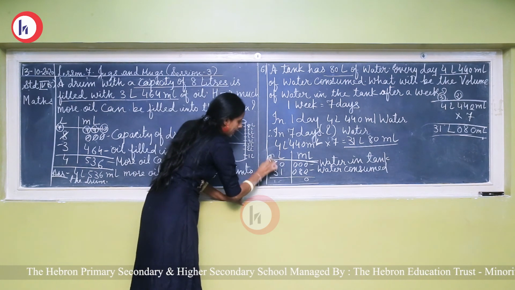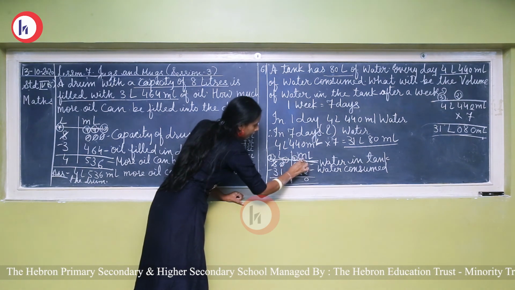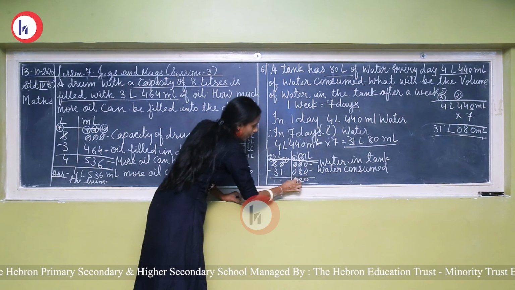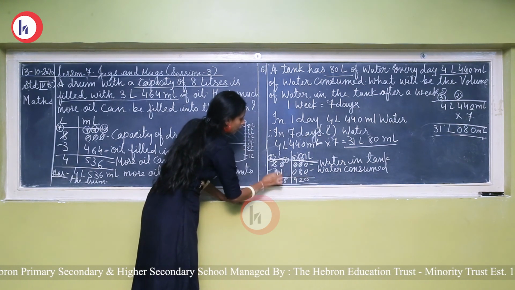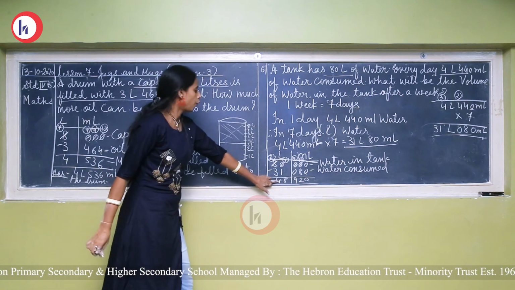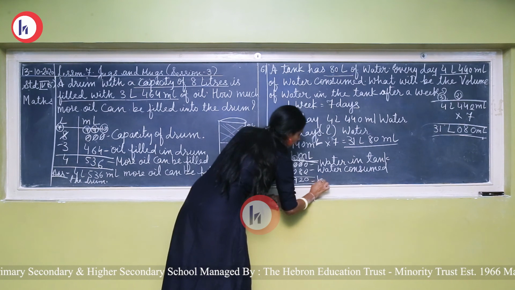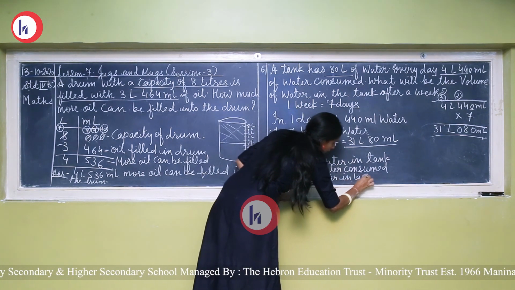Now here will be 7, here will be 9, here will be 9 and here 10. 10 minus 8, 2. 9 minus 0, it is 9. 9 minus 1, 8 and 7 minus 3, 4. 48 liter, 920 milliliter water in tank now.